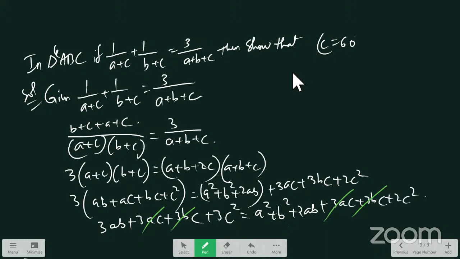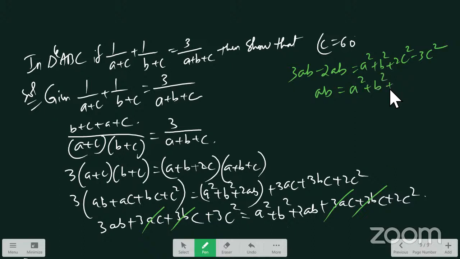So what I'm going to get: 3AB minus 2AB is equal to A square plus B square plus 2C square minus 3C square. This is AB equal to A square plus B square minus C square.